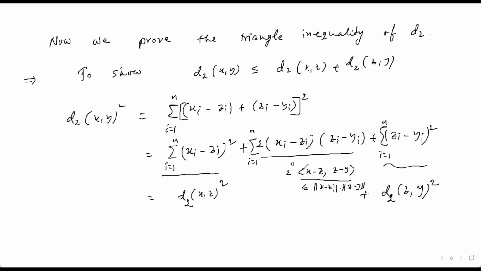If the absolute value is less than or equal to this, then the inner product is also less than or equal to this. And this quantity is nothing but 2 times d2 of x comma z times d2 of z comma y. Therefore, here we have the inequality.